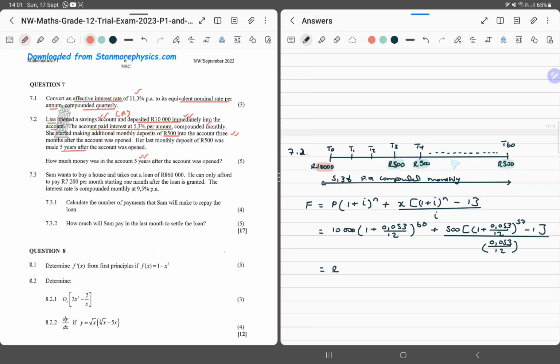This term will give us 57, but we have to add 1. Why do I feel like it's going to be 58 backwards? Is it 57 or 58? Because we have to count this amount as well. There's going to be 57 terms plus 1. Yeah, that's going to be 58.